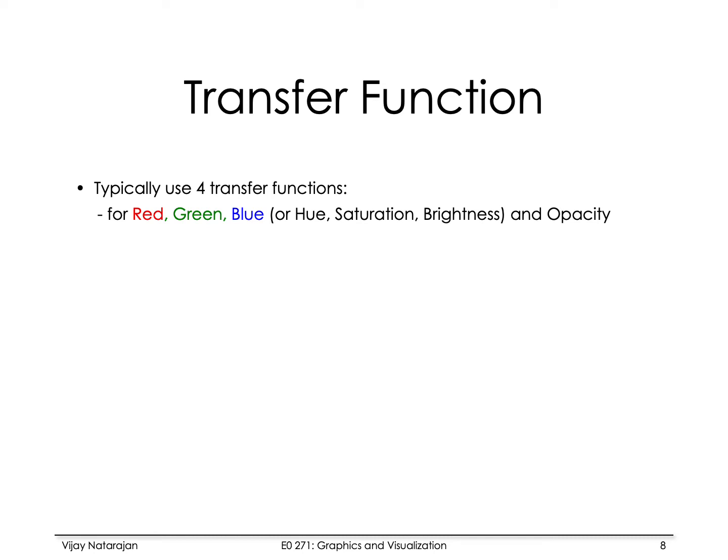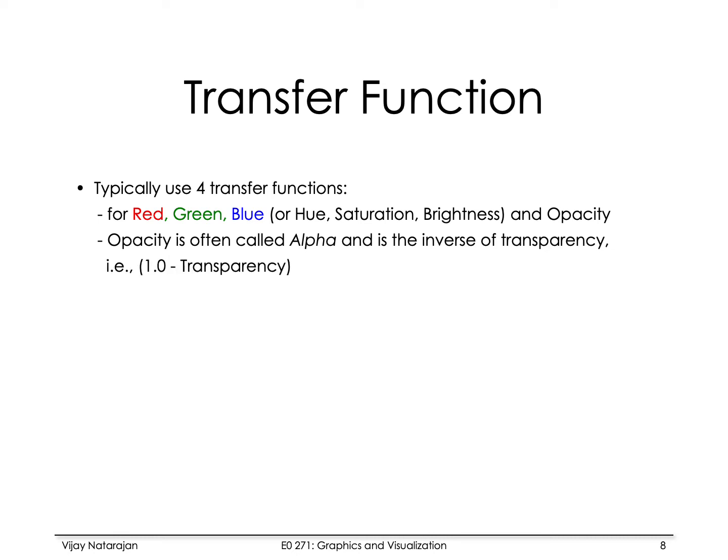The four different functions correspond to the color components RGB or hue, saturation, lightness or brightness, and the fourth one corresponds to opacity or transparency. Opacity is often referred to as the alpha channel, and it is the inverse of transparency, often computed as 1 minus transparency.